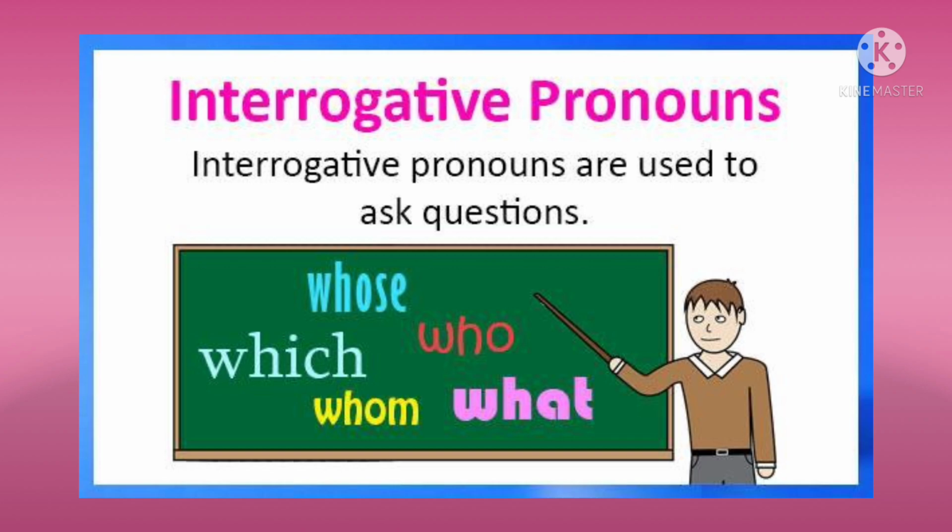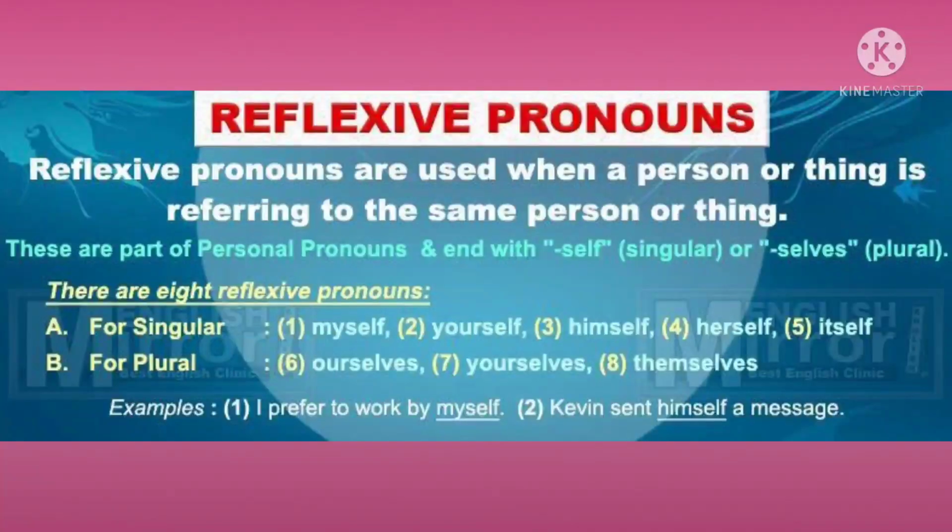Now we come to reflexive pronouns. Reflexive pronouns are used when a person or thing is referring to the same person or thing. A very simple example: when the pronoun is referring to the subject again, it is called reflexive. I cooked food myself.